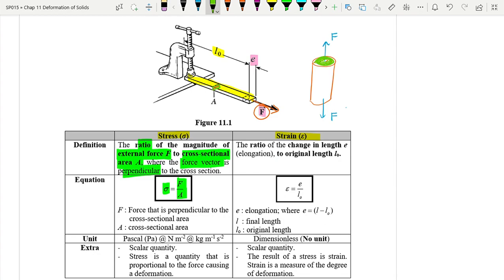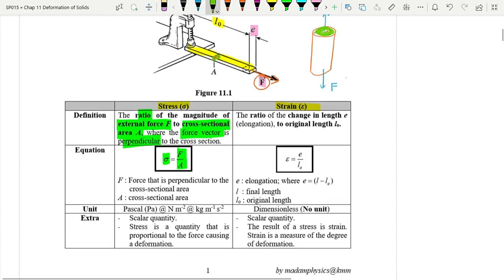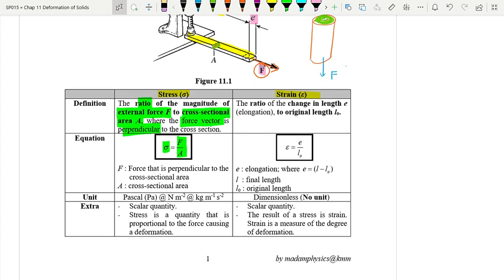In terms of unit, I think you all know the unit for force and the unit for area. Force has the unit of Newton, and area is meter squared, so the unit for stress is Newton meter negative 2. Or we can write this unit for stress as Pascal, Pa, the same unit as pressure.